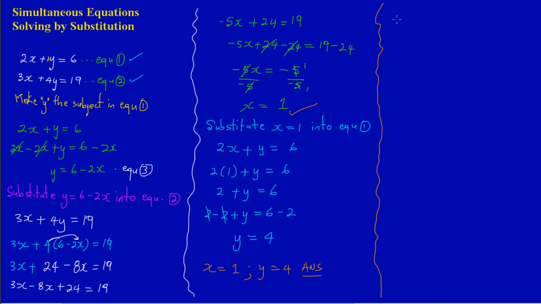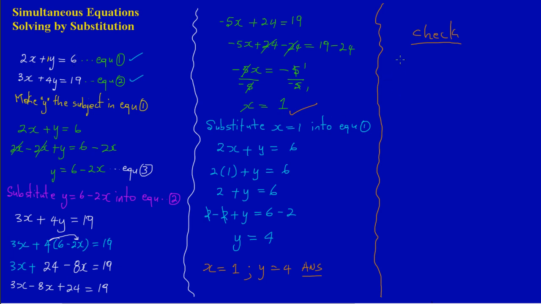Now you could always check yourself. Remember that you are finished with the problem because you had found your solutions for both x and y. But just to check, you can always do this on rough paper. You are not required to show this, just to check if your answers are correct. What you could do is take your original equations and plug in these values for x and y in both equations. It's very important that you try it with both equations, to see if you get back your answer, which is 6.